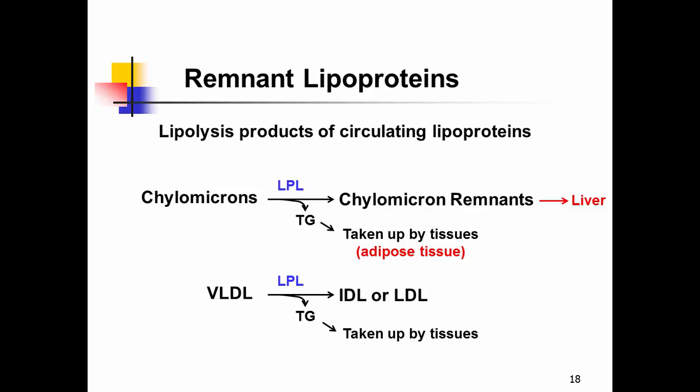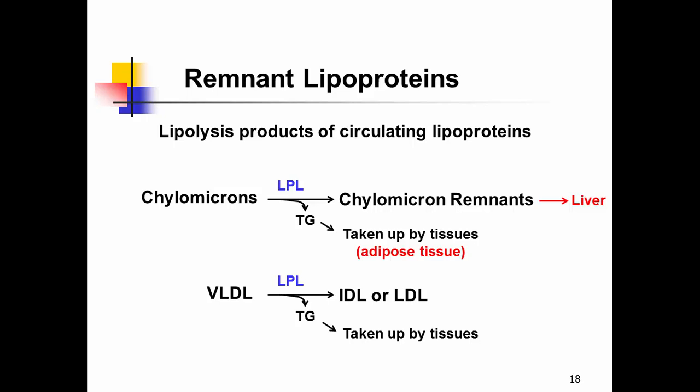And VLDL, similarly, is synthesized and packed in the liver, and transports triglyceride from the liver to the other tissues, particularly to the fat tissue under the fed condition, right? So triglyceride can also be released from VLDL and picked up by the fat tissue. And similarly, LPL also needs to function to break down the triglyceride in the VLDL.